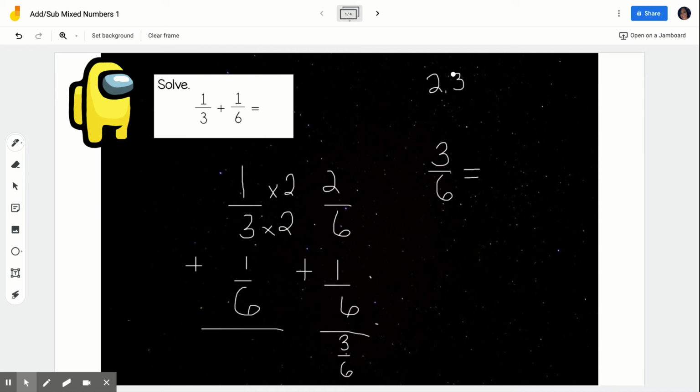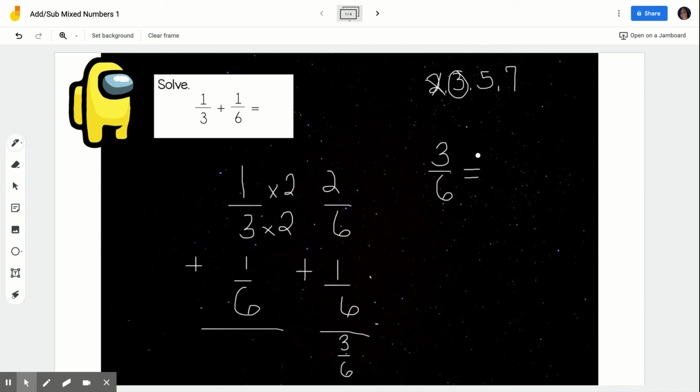To simplify, we can ask ourselves, can I divide both numerator and denominator by any of these numbers? Looking at these, I can divide 6 by 2, but 3 I cannot. So we can't use 2 to simplify here. Let's look at 3. Can I divide both numerator and denominator by 3? The answer is yes.